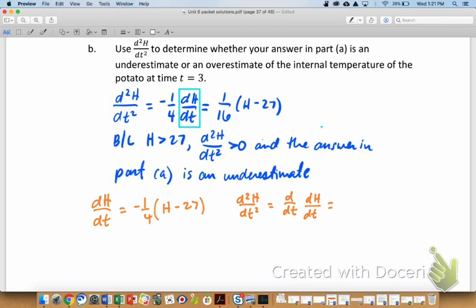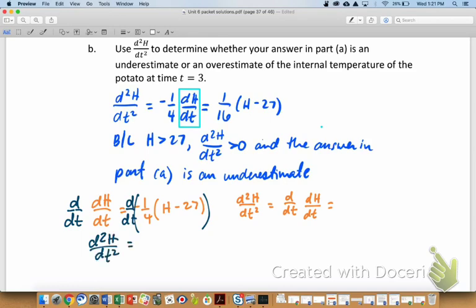It means the second derivative taken with respect to time, not h. And so when I do d/dt to this and d/dt to that, over here I naturally get what I'm looking for.